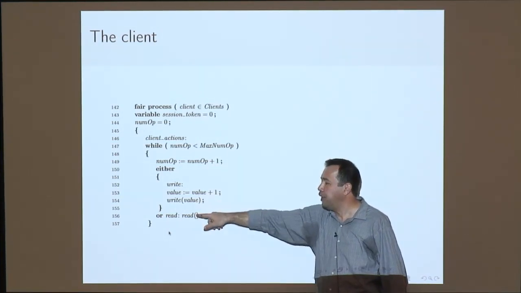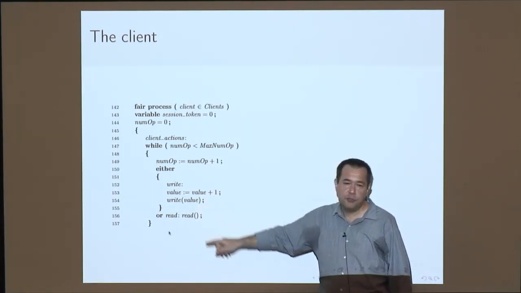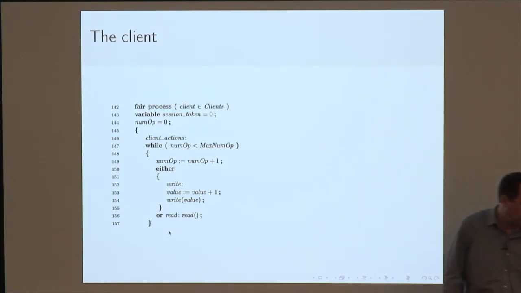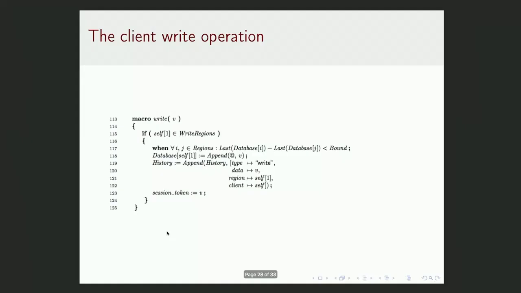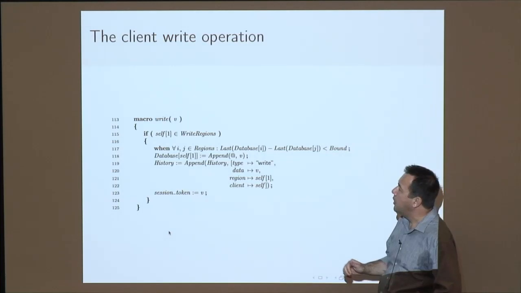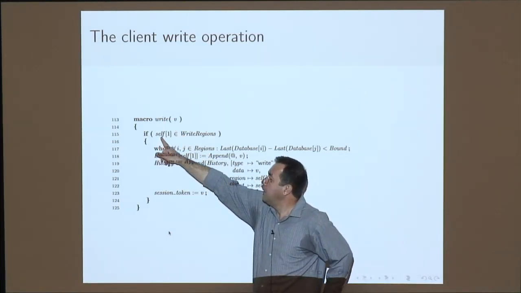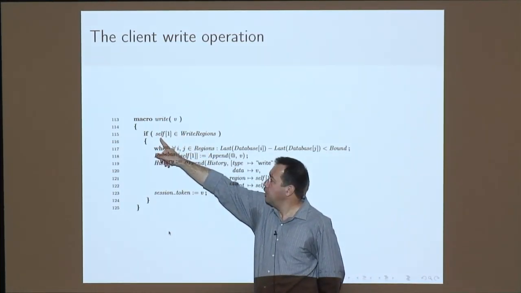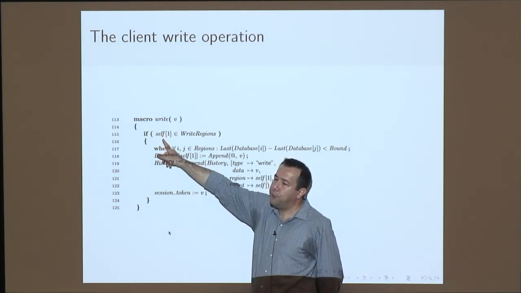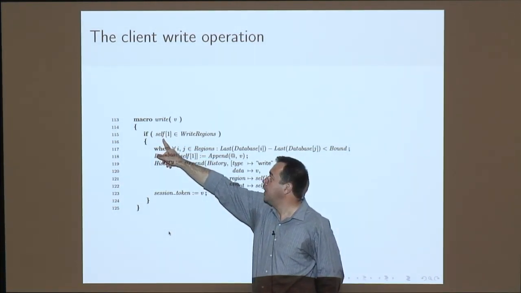Either increment the value and write or read. And the macros for write and read, this is shared memory model, not message passing model now. And it gets more succinct to write it this way. So the write, it says that the invoker, the client, self1 refers to the client's region, okay?